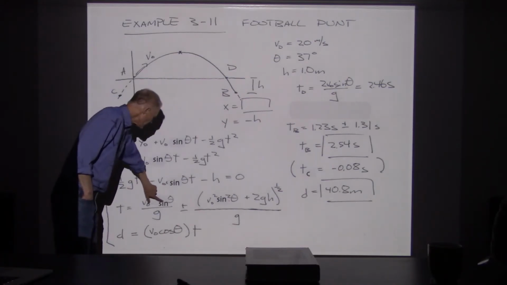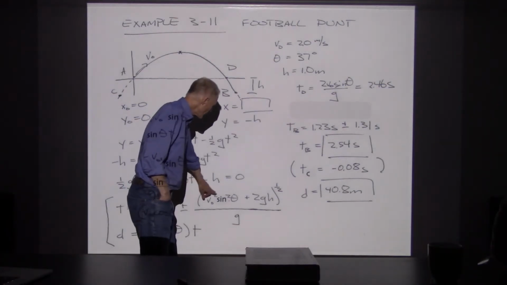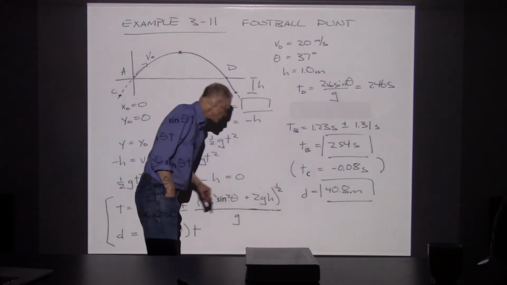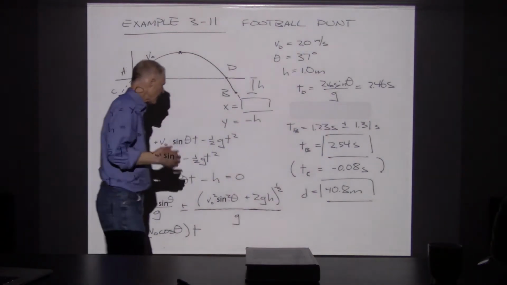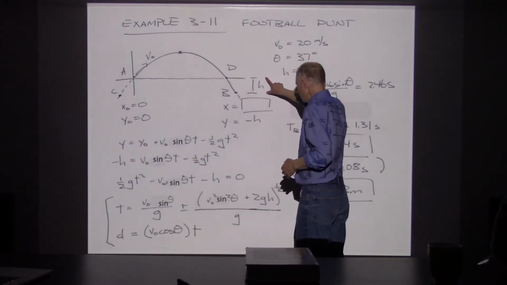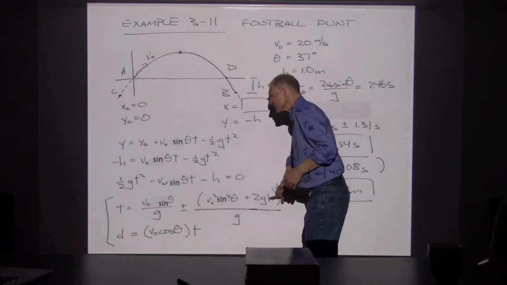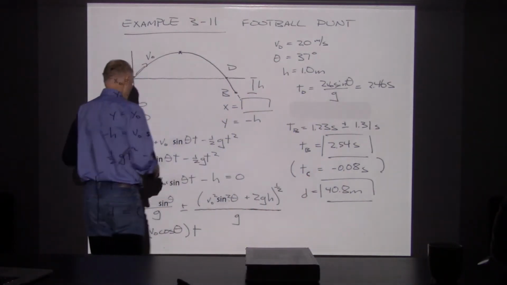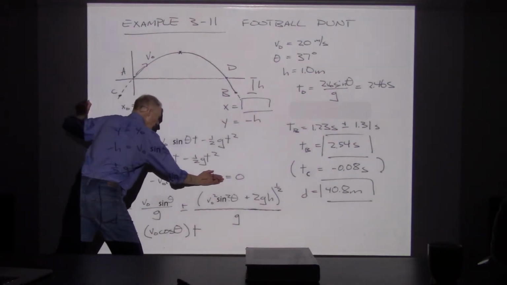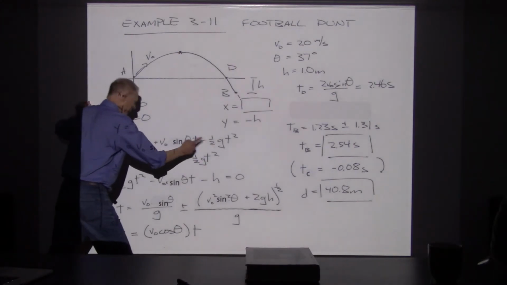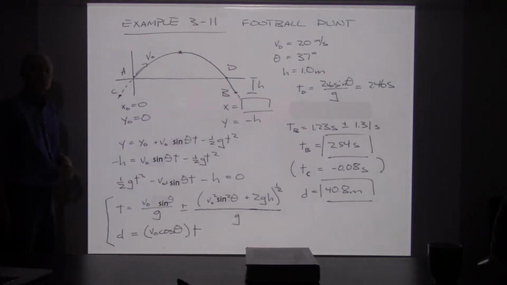So this is v naught sine theta, v naught squared sine squared theta plus 2gh to the 1/2. So what's happening now is, before this h was 0, but now the h is not 0. And so with the h not 0, instead of just solving it algebraically right from here, I have to go through the quadratic formula process.